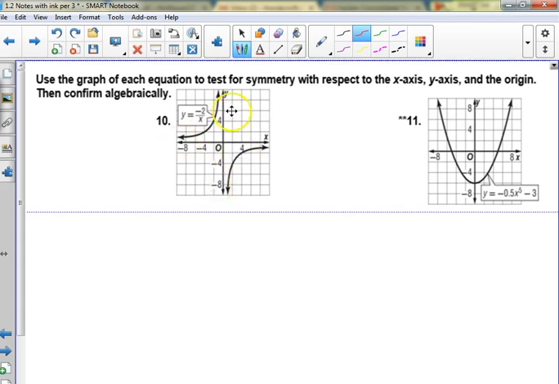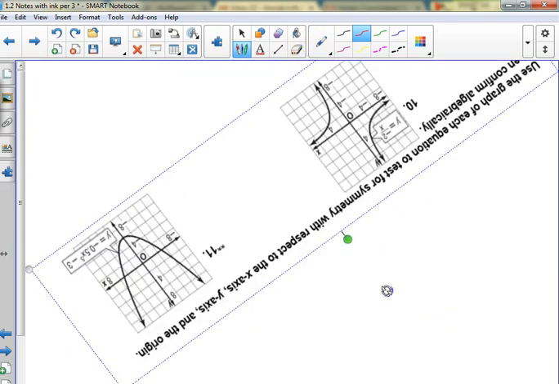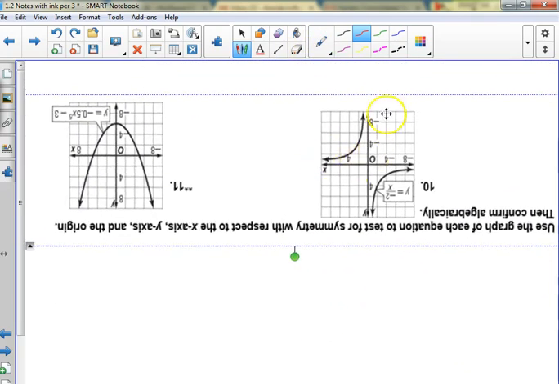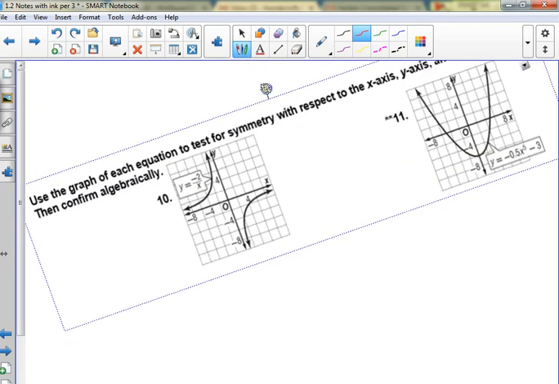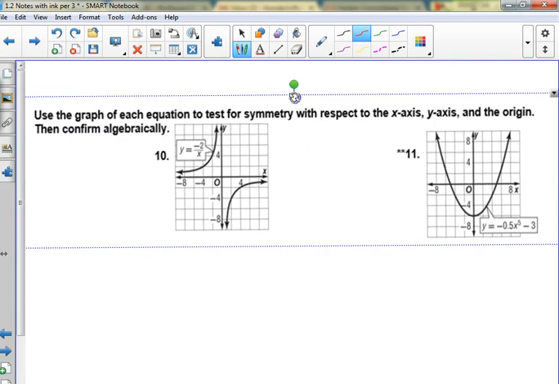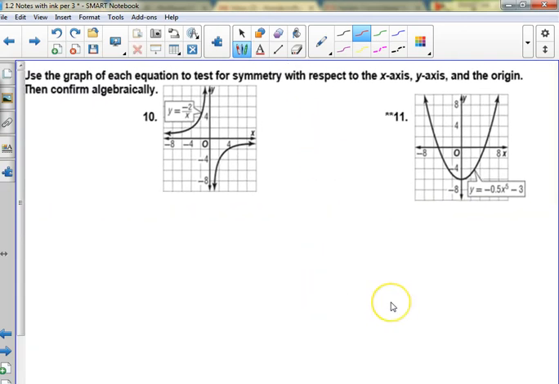If I turn the whole thing, is it still over here in quadrants 2 and 4, right? So it appears to be origin. What's the test for origin? Makes it an odd function.